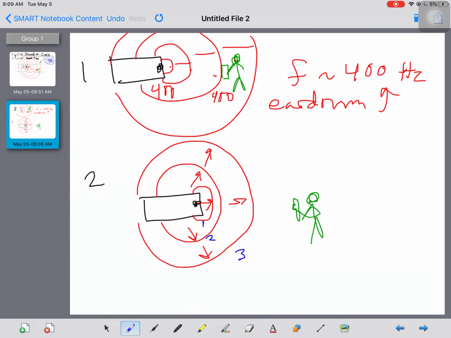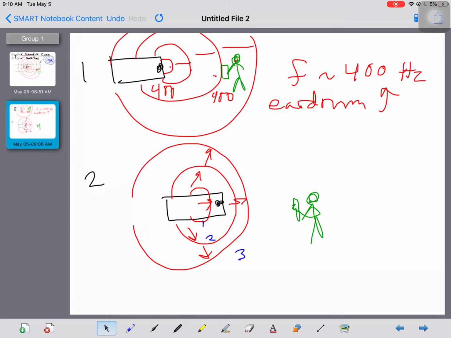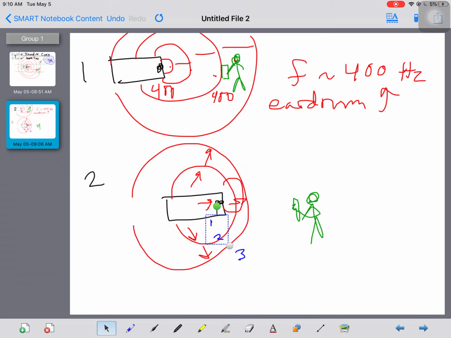Except the thing that's happening all the while is as they're spreading out, so this one has spread, the car continues driving forward, which means this next new one that gets made, it's a little hard to draw on here, chalkboard would be much nicer, is actually going to be over here.